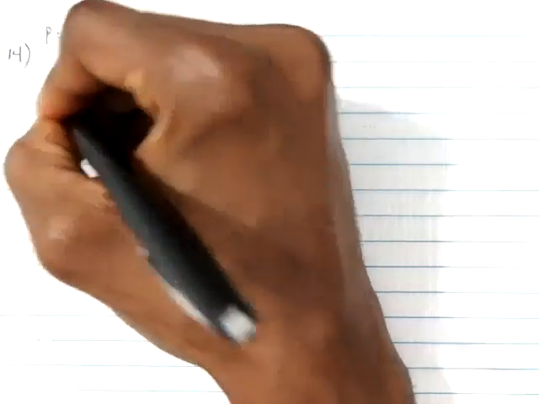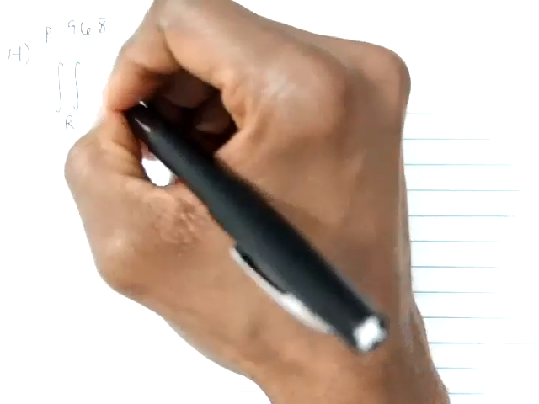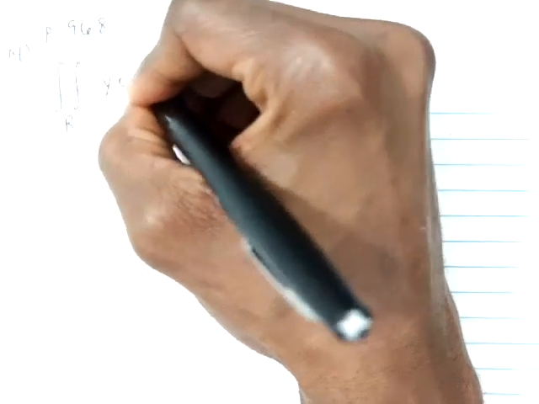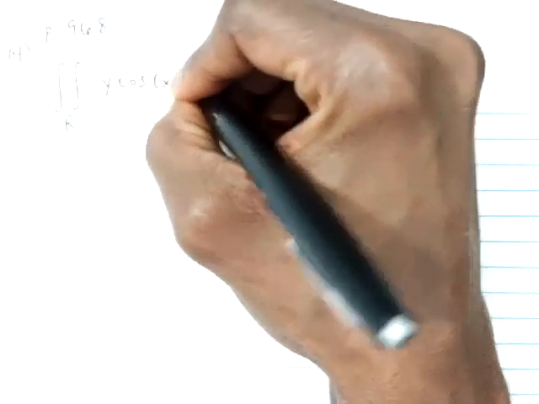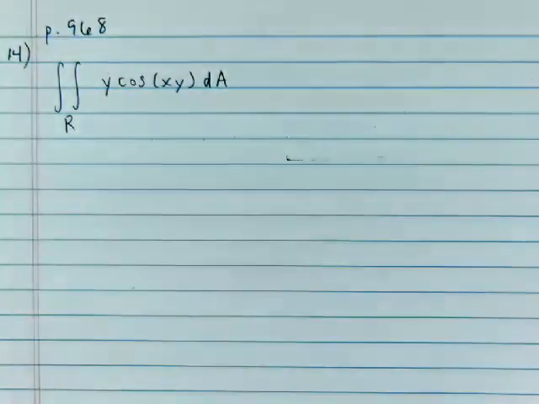And they give us the double integral over R of y times cosine of xy dA, where R is bounded by the curves xy equals pi over 2, xy equals pi, y times the quantity 2 minus x equals 2, and y times the quantity 2 minus x equals 4.